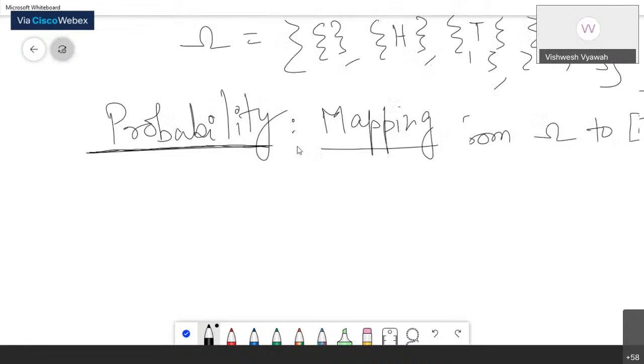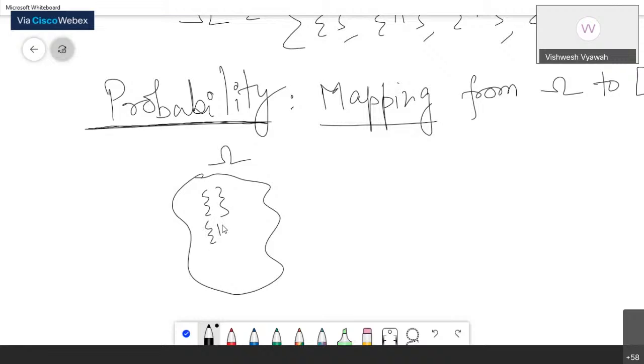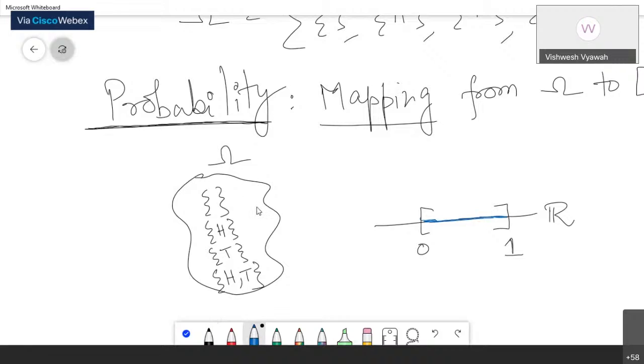So you have this sigma, which in our case contains the null set, then H, then T, then H comma T. And on the real line there is an interval between 0 and 1, and you define probability as a function which goes from here to here. This is how I define probability.